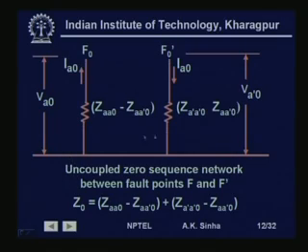So, here also there will be no such sources. So, the uncoupled zero sequence network between fault points F and F' is like this, and the impedance offered to zero sequence current by this network will be equal to the sum of these two impedances, that is Z0 is equal to ZA0 minus ZA'0 plus ZA'0 minus ZA'0. So, this is the total impedance which this network will see.